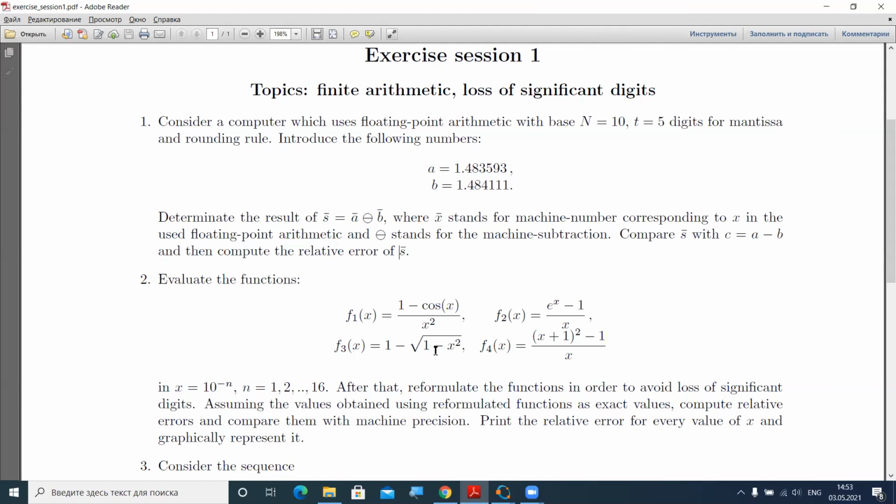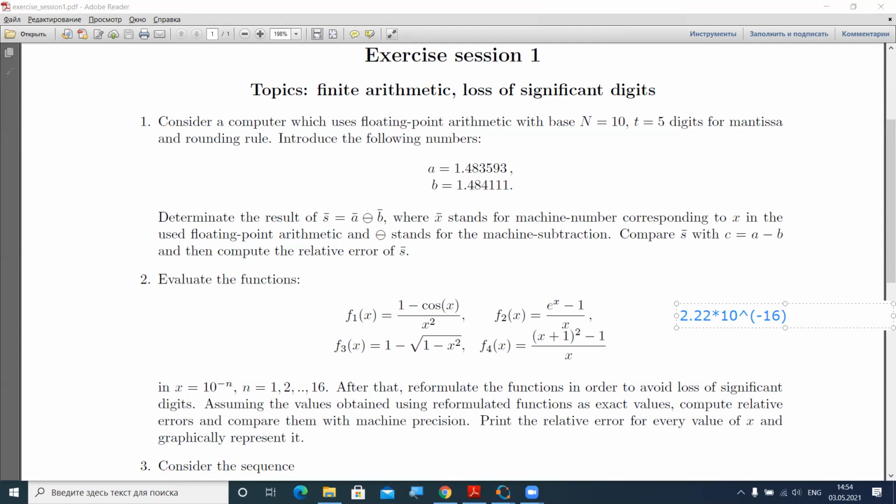This reformulated function we assume as the exact value function. With respect to this reformulated function, find the relative error and graphically represent it. And here compare them with the machine precision. What was the machine precision? This is the machine accuracy, and it equals 2.22 times 10 to the power minus 16.